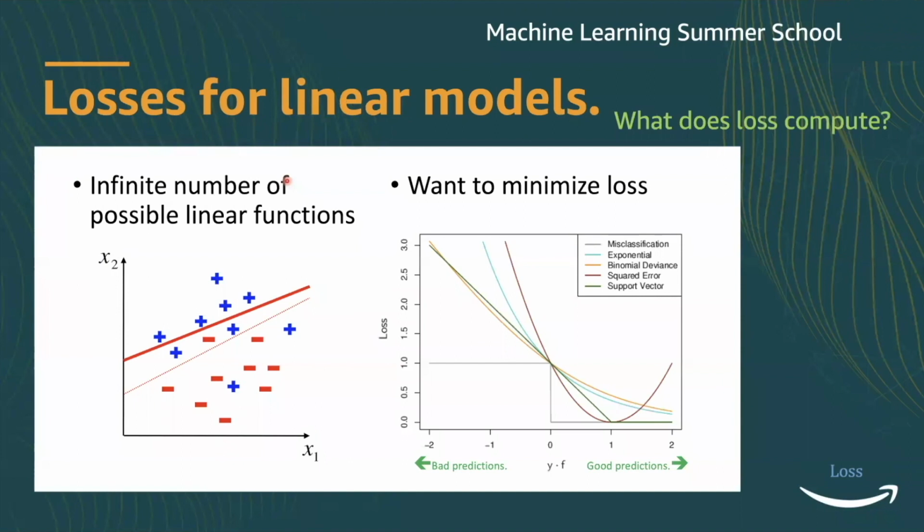So what exactly does the loss compute? Now that we have assumed that it's going to be a linear model, you can look at an illustration of the same example. We have two variables, age and income, like in the previous slide. It's going to be a two-dimensional space. And let's say you have a classification problem of blue and red points that you want to separate with a decision boundary.